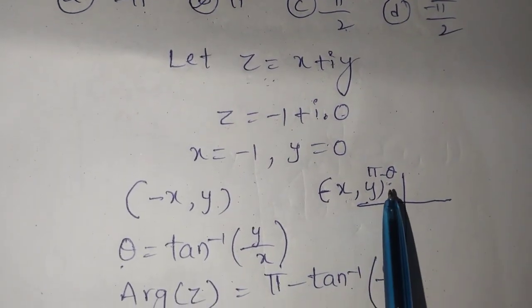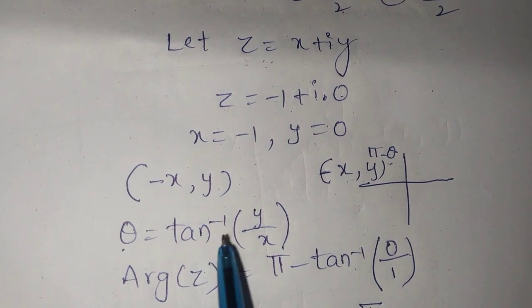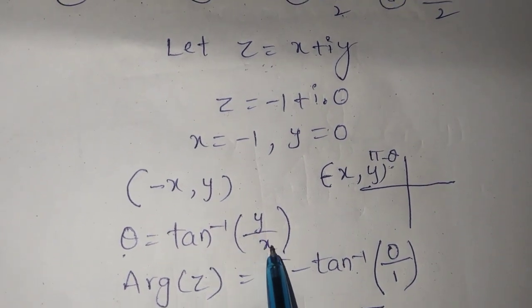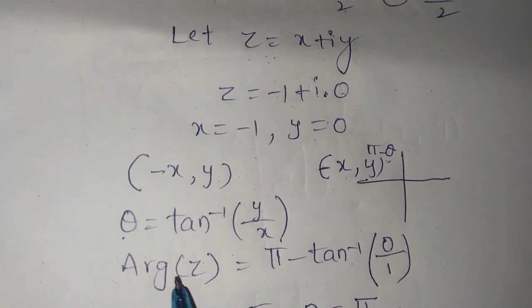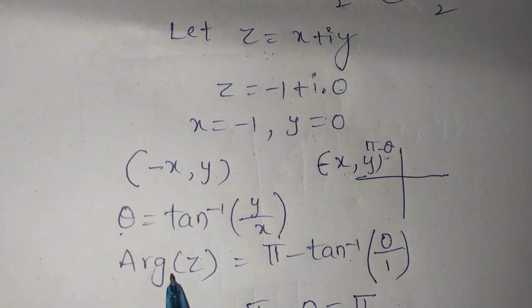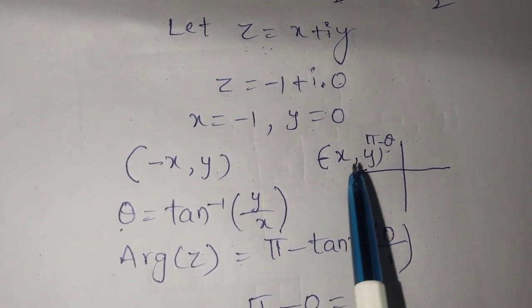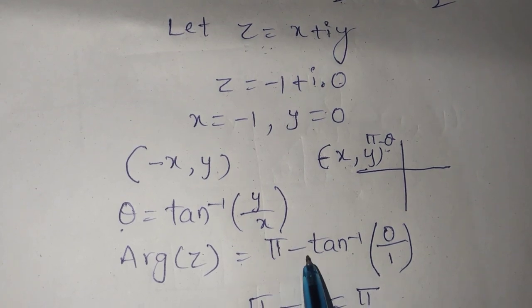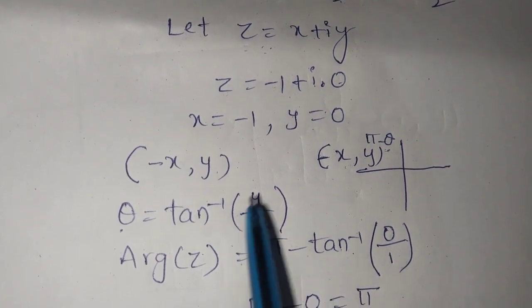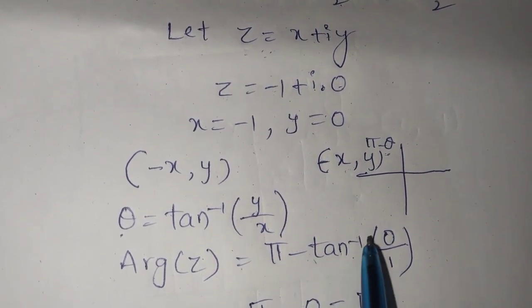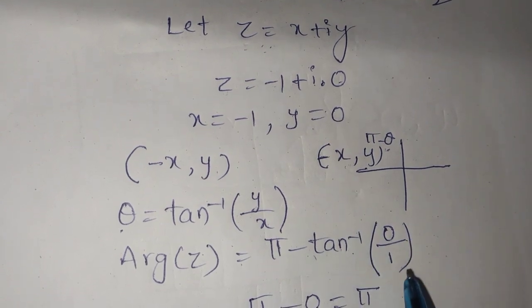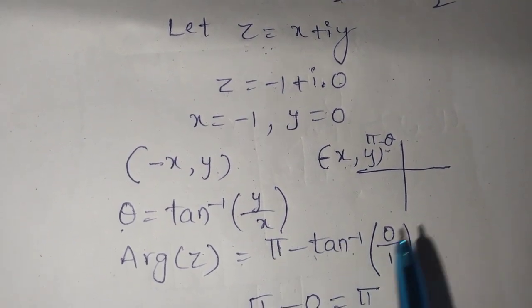Now we know the theta value. Theta is equal to tan inverse of y by x. So this is the argument of z. The argument of z is equal to, what is the principal value? Pi minus theta. Theta means tan inverse y by x. So tan inverse, the y value is 0, 0 by 1 means 0.